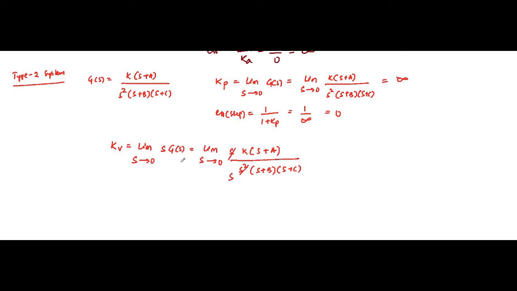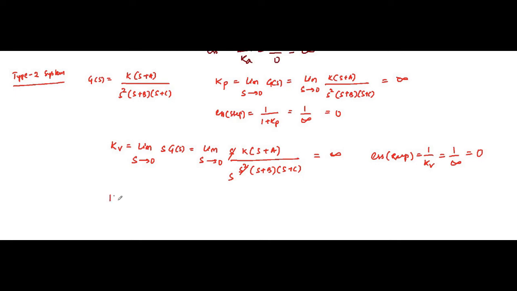So here again, when we substitute s with 0, there will be 0 in the denominator, so the total denominator value again will be 0. Something by 0 equals infinity. So Kv is equal to infinity. The steady state error because of a unit ramp input is 1 by Kv, which is equal to 1 by infinity, which is equal to 0.